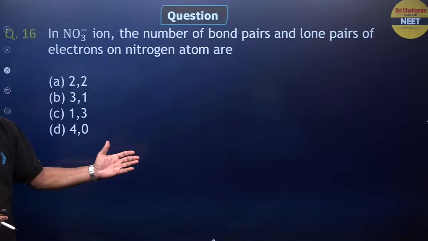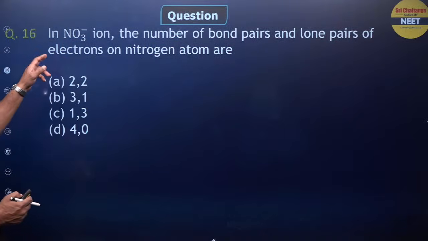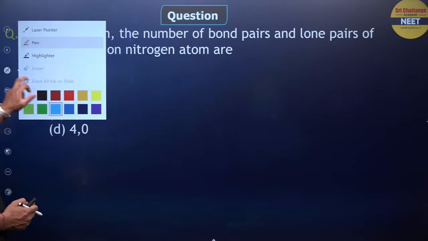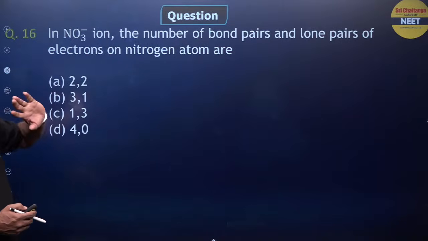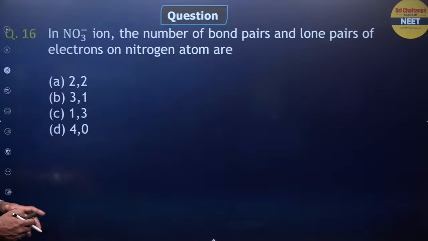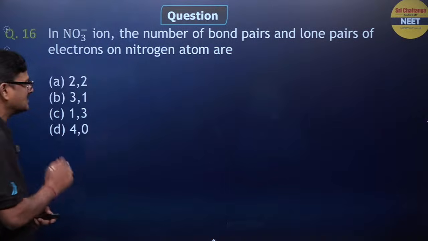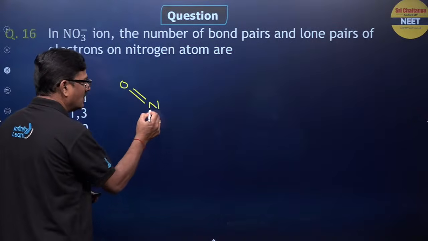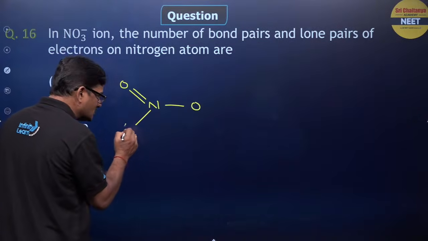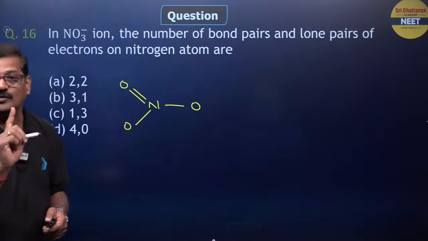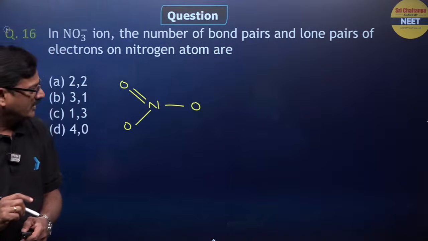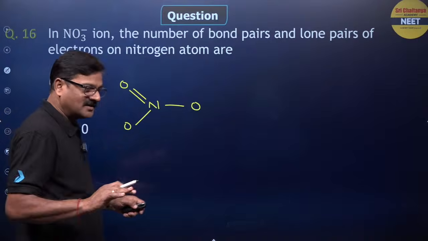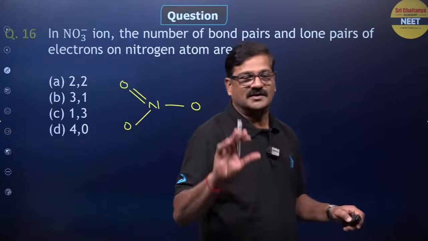Okay, one more question, my dear children. Stay tuned. In the NO3 minus ion, the number of bond pairs and lone pairs of electrons in the nitrogen atom are? So what is this NO3 minus? N double bond O, like this. Nitrogen forms only 4 bonds maximum, and nitrogen never forms 5 bonds.